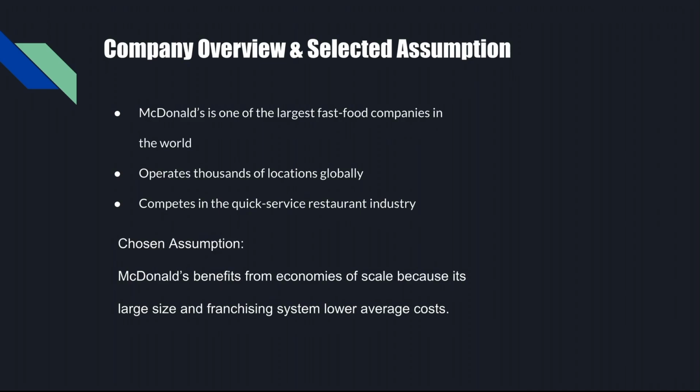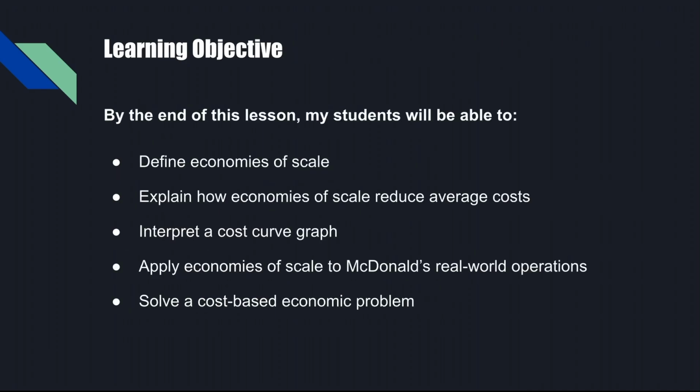Because of this massive scale, McDonald's can purchase ingredients in bulk, negotiate lower supplier prices, and spread fixed costs across a large number of restaurants and products. This gives McDonald's a significant cost advantage compared to smaller independent restaurants.